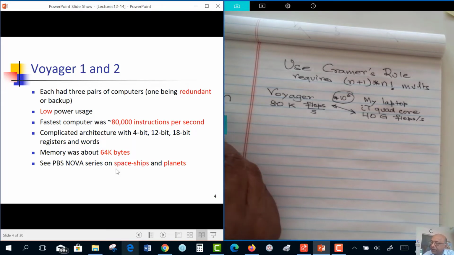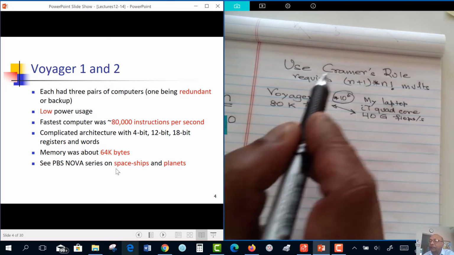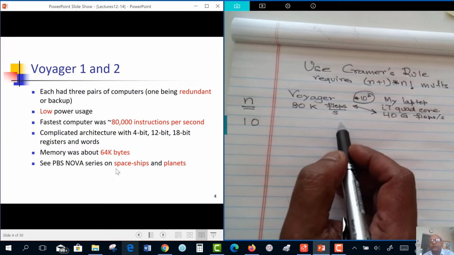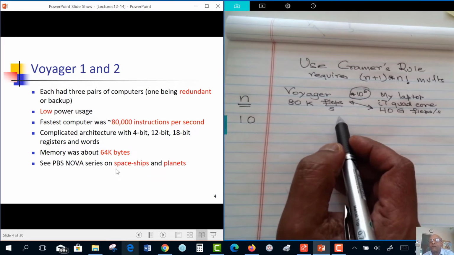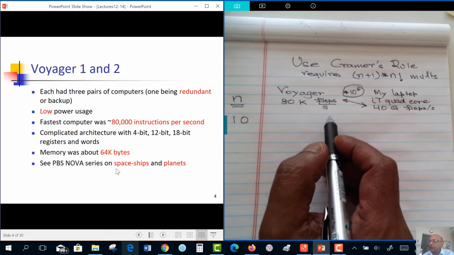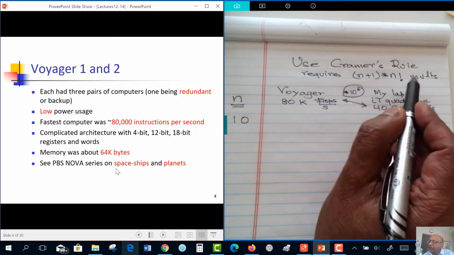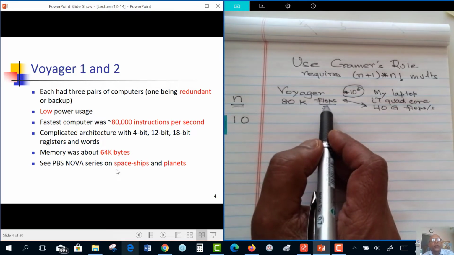Let's consider, for instance, we want to solve a linear system of size 10 using Cramer's rule. So we put in 10 here, and then we find out how much time Voyager's computer would take.